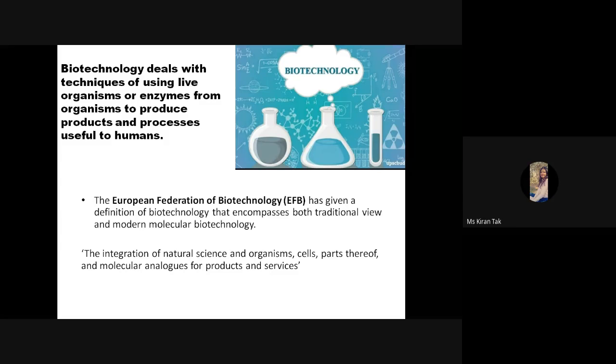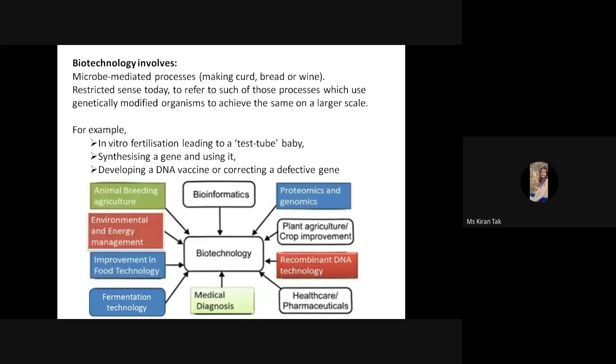It is a modified definition that again explains the involvement of natural science and organisms, cells, with the molecular technique that can be useful for the production of the desired products. Now, biotechnology involves various microbe mediated processes, like for the making of curd, bread, or wine.